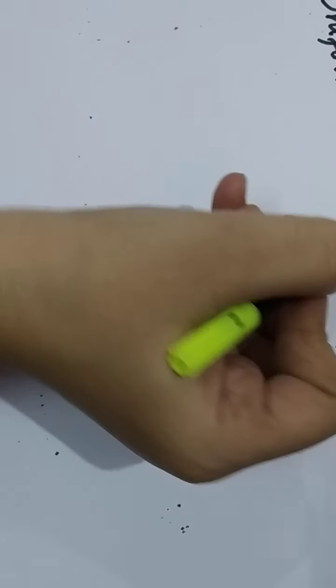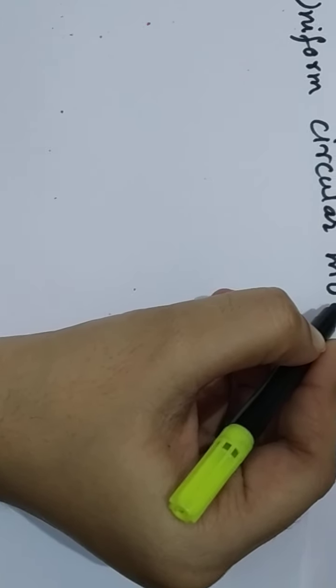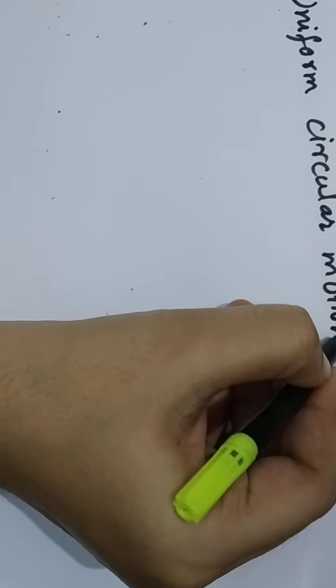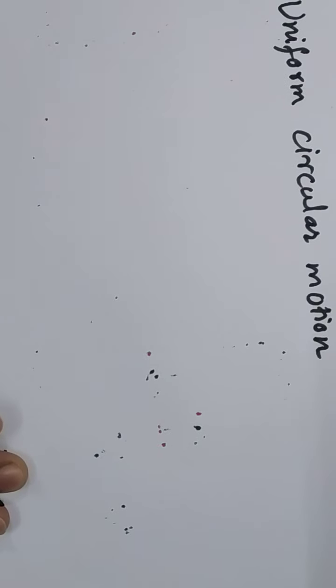As far as the definition is concerned, circular motion is nothing but motion of the particle along the circumference of a circle. It means if the path traveled by the particle is in the form of a circumference, then we will say that the particle is performing circular motion.